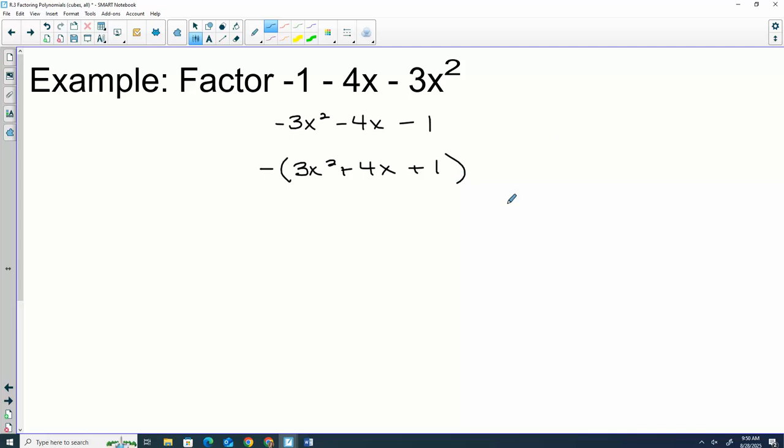Okay, now we can do our slip and slide with this inside. So the negative I took out just stays. What multiplies to 3 and adds to 4? 3 more.